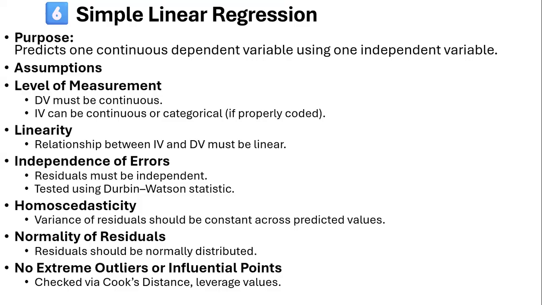Then, of course, the homoscedasticity, wherein we expect the residuals of the various estimations to be constant across all predicted values. And normality of the residuals, which are also plotted to see whether they are normally distributed. And there should be no extreme or influential data points, which we characterize as the outliers. That is simple linear regression.